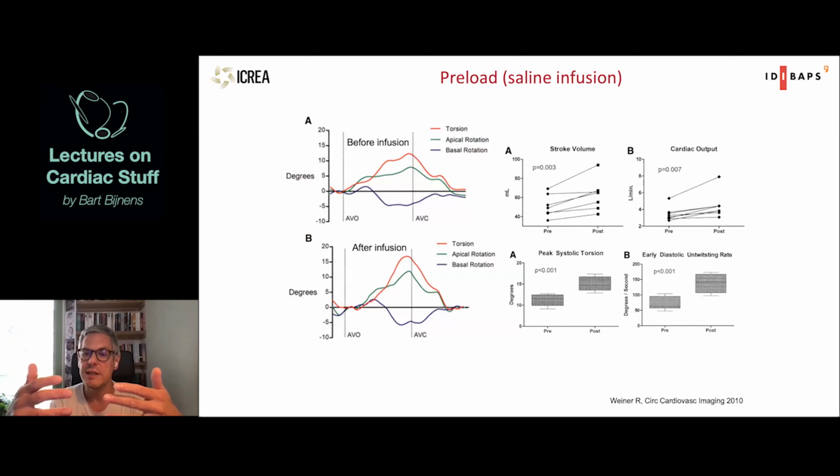But there is also a change in force development, which has to do with the overlap of actin and myosin, and by stretching you can optimally increase this. So you can really increase both the contractility and the amount of deformation acutely by stretching this tissue. That's called the Frank-Starling mechanism in the heart.